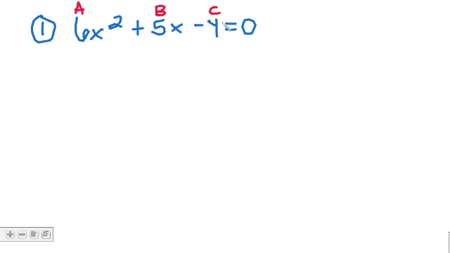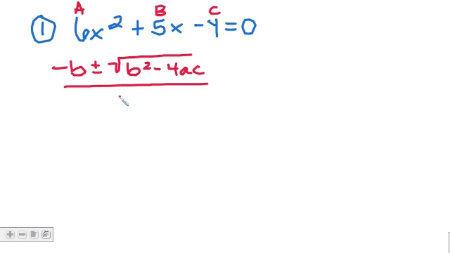So once you have all that, you just plug it in. Again, here's the formula. Negative b plus or minus the square root of b squared minus 4ac, all divided by 2a.